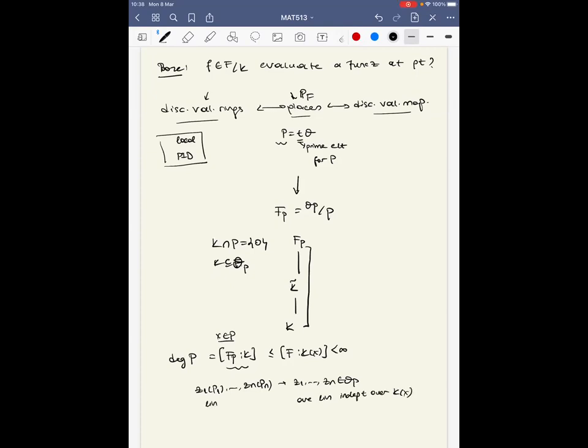Here, these are linearly independent over K. And we have defined a point, or a rational place, as a degree 1 place.